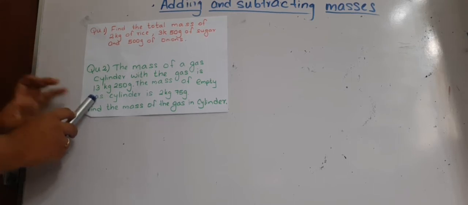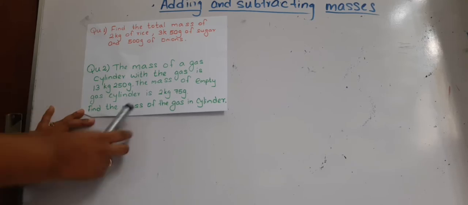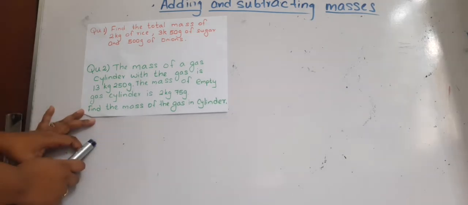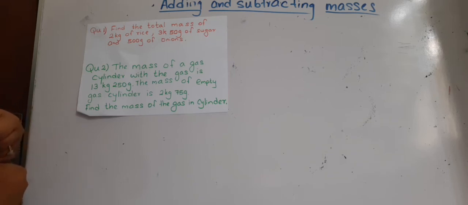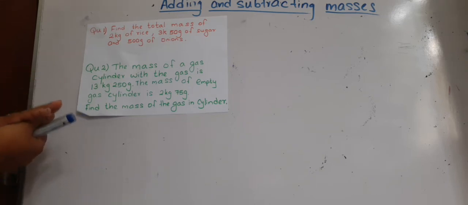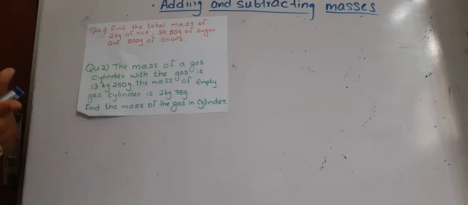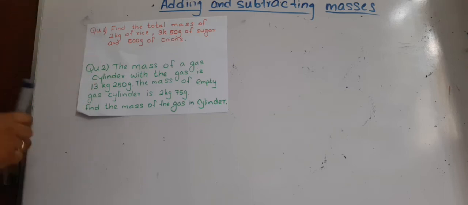I'll read the question. The mass of a gas cylinder with the gas is 13 kilograms 250 grams. The mass of the empty gas cylinder is 2 kilograms and 75 grams. Find the mass of the gas in the cylinder. First, what do we need to do? We need to subtract the cylinder's weight from the weight of the gas cylinder plus gas, am I right?